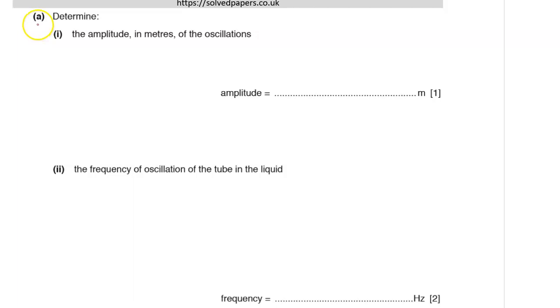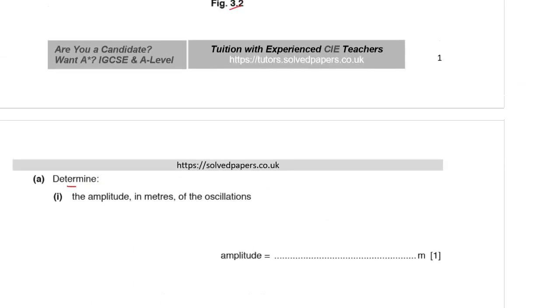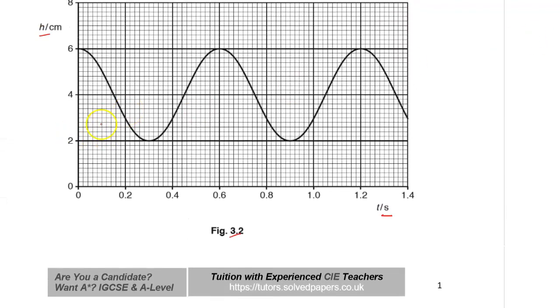Question 1, part A, we are asked to determine the amplitude in meters of the oscillation. So you come to the graph, the amplitude of the oscillation, which happens to be constant. Of course, you find the midpoint, the equilibrium position of this graph.